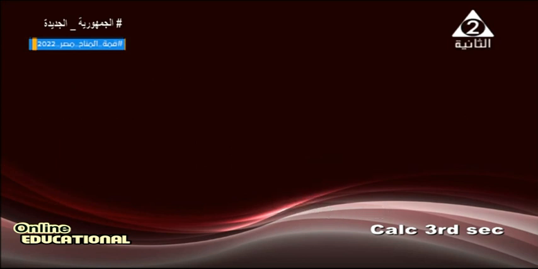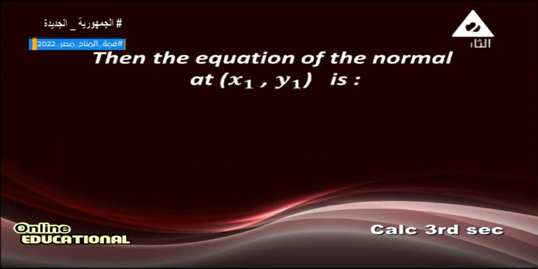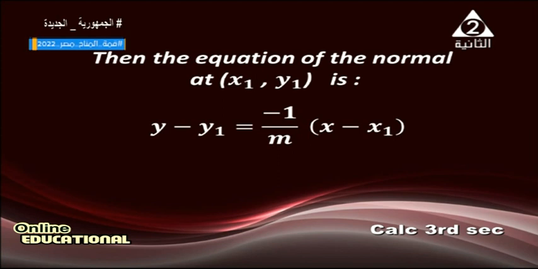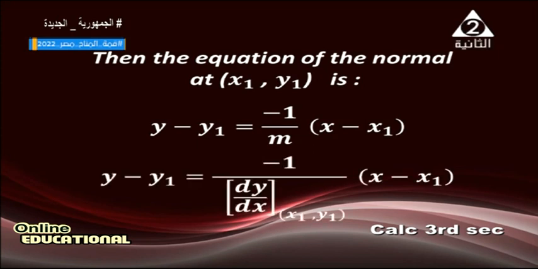Then the equation of the normal at the point (x1, y1) is y minus y1 equals -1 over m times (x minus x1). In other words, y minus y1 equals -1 over dy/dx at the same point (x1, y1) multiplied by (x minus x1).